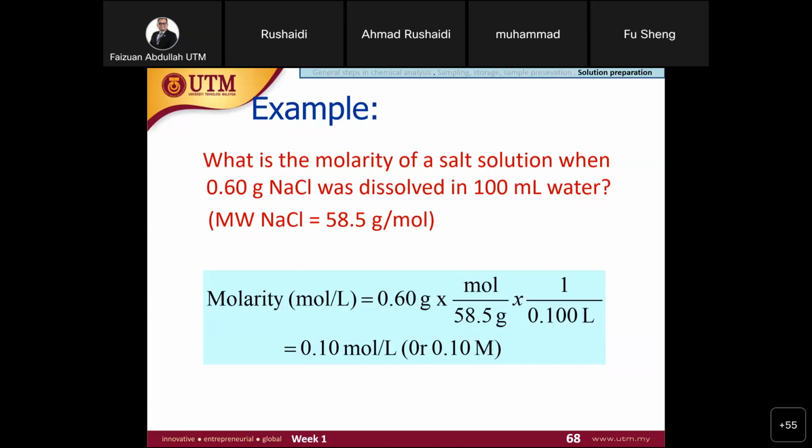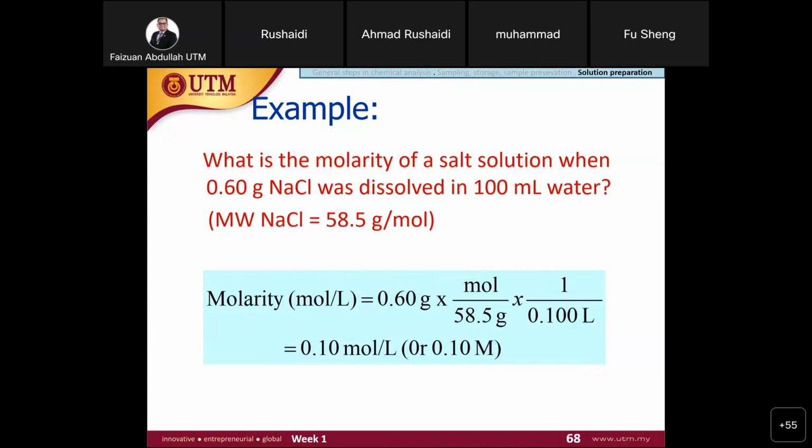So after that, what need to do? You have the number of mole now, right? So what you want to know is the molarity, which is number of mole divided by the volume of water, which is in liter. So 100 ml we convert into liter. So how many liter? 0.1 liter.